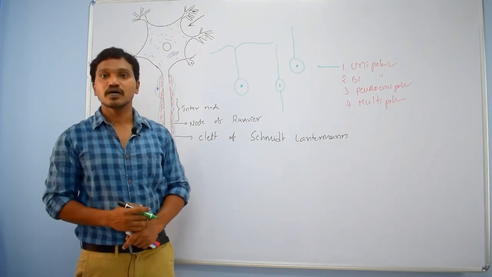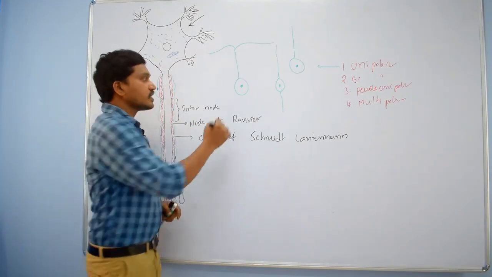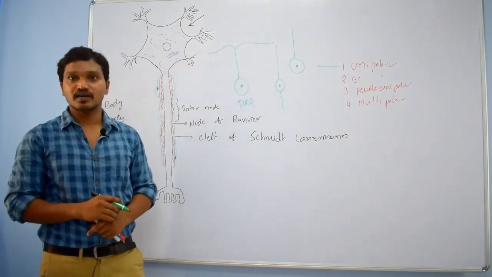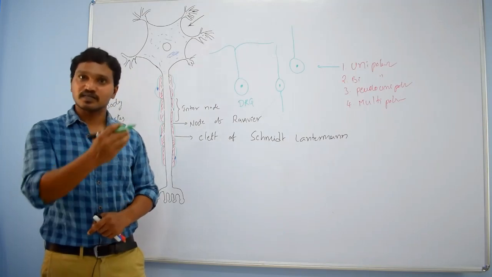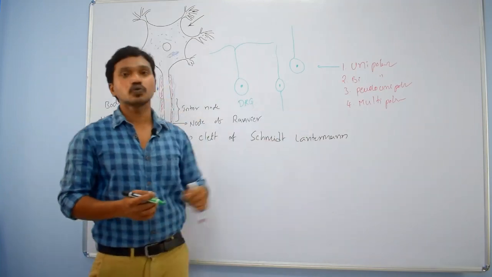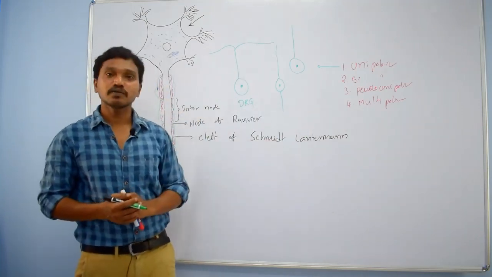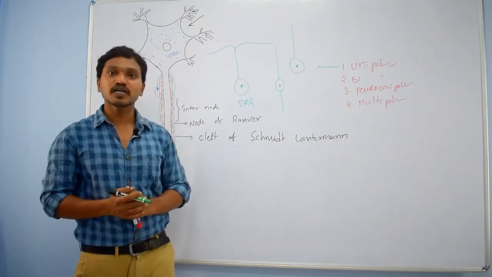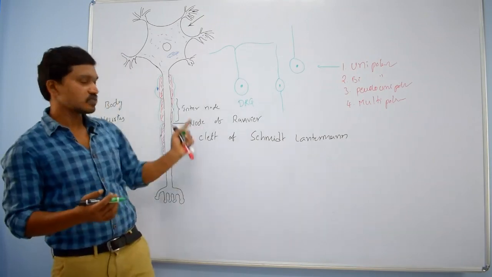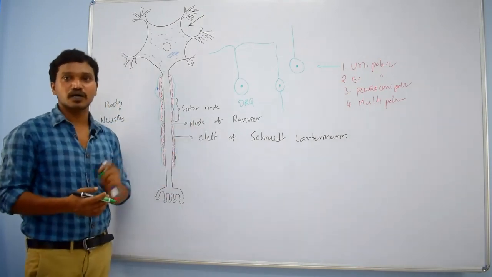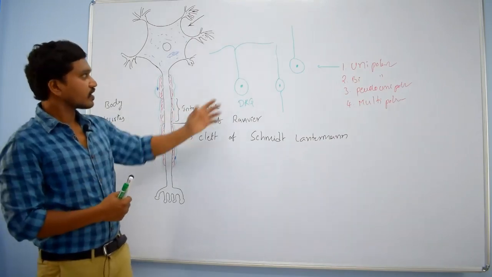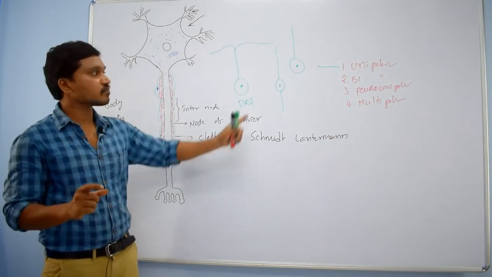You can find them in the dorsal root ganglion, DRG, or sensory ganglion or spinal ganglion. Three names for it. Clear? So that is about pseudo unipolar cells. Then multipolar cells. Multipolar means, multi means many, right? Many processes. Example is this one. That means it is the most common type. Clear? So that is about different types of neurons based on the processes.